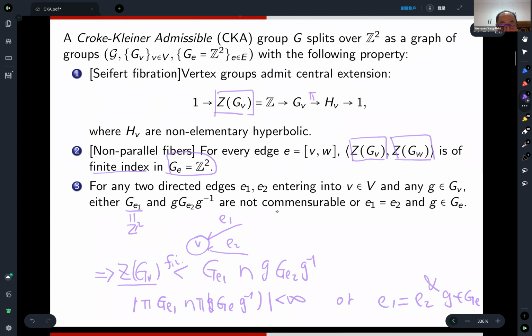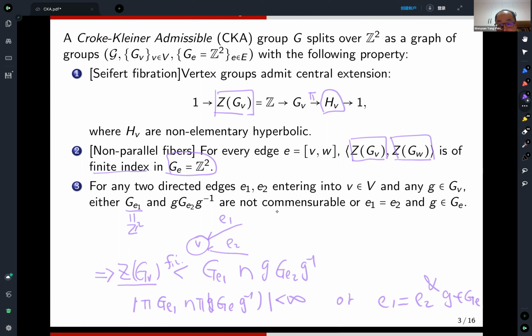In other words, what I said here is, if you project these edge groups into the quotient group HV, considering all the edges adjacent to V, this should give you a malnormal collection of subgroups, cyclic groups.